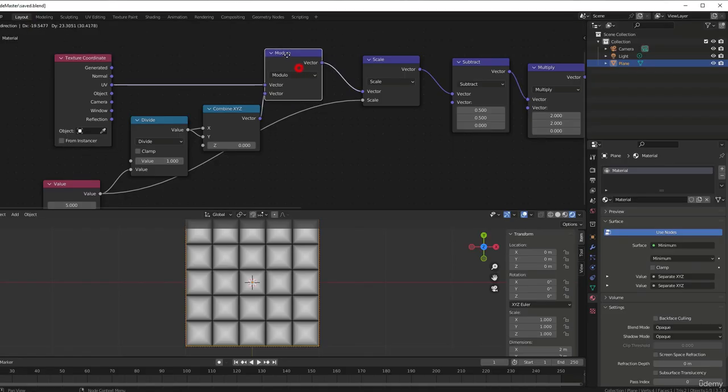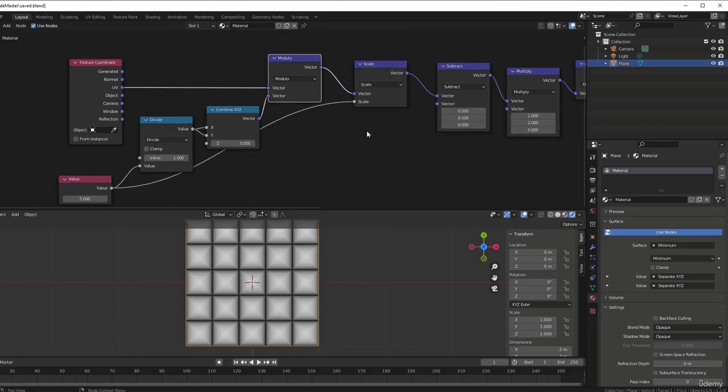And if you use modulo, it will not be from 0 to 1, it will be 0 to whatever you put in here. So if you put in 0.1, it will only be up to 0.1 out here. And then you of course need to divide, and after that multiply, and I use scale because it's easier to use than having to put it into two numbers.